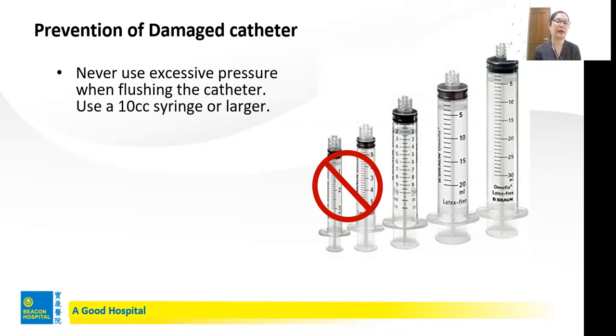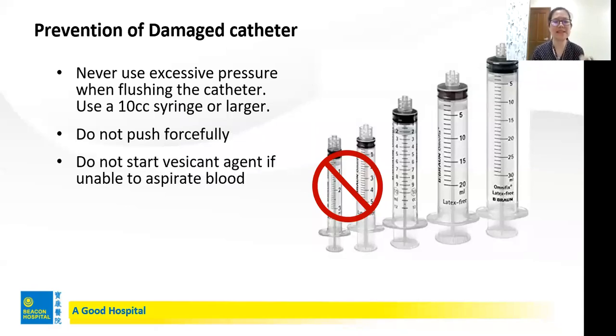Another important point is you must use a syringe of 10 cc or bigger for all CVADs. Do not use a syringe smaller than 10 mils, because the smaller the syringe, the higher the pressure it creates, and high pressure might crack the catheter. Do not push forcefully.